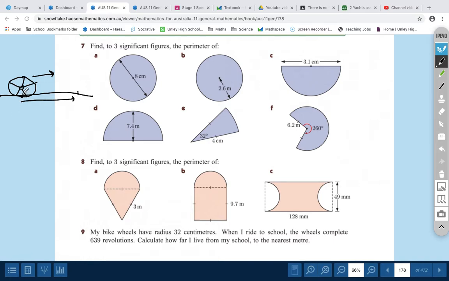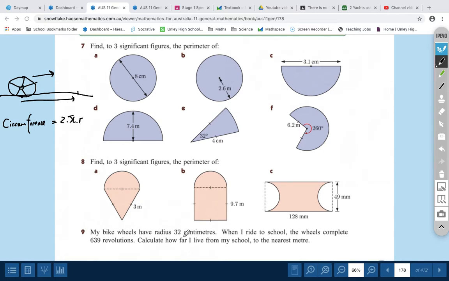So what we need to know is how far around that circular wheel is. What we need to know is the circumference, and that equals 2 times pi times the radius.